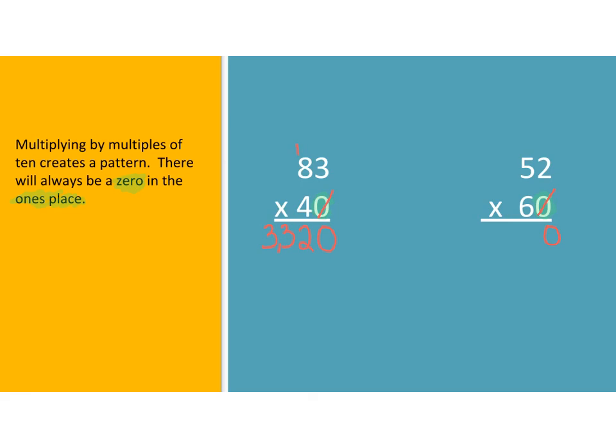So 6 times 2 is 12. Carry my 1. And 6 times 5 is 30, plus the 1 I carried is 31. So 52 times 60 is 3,120.